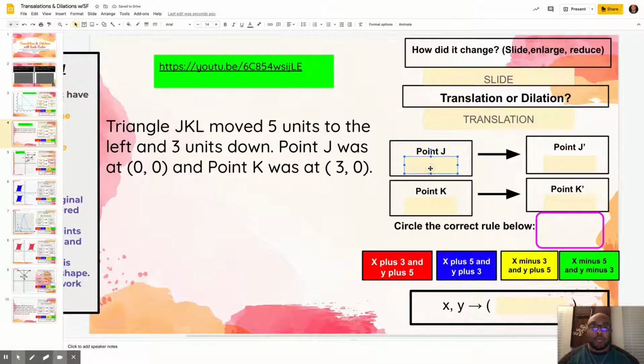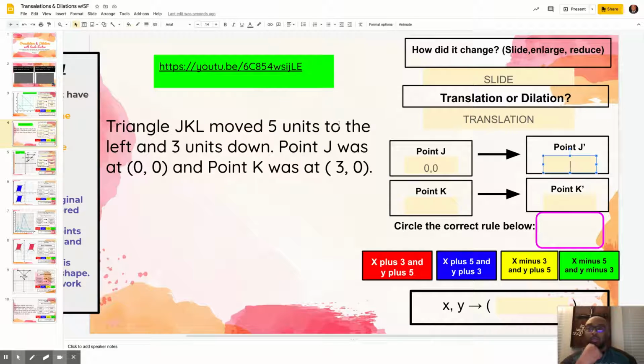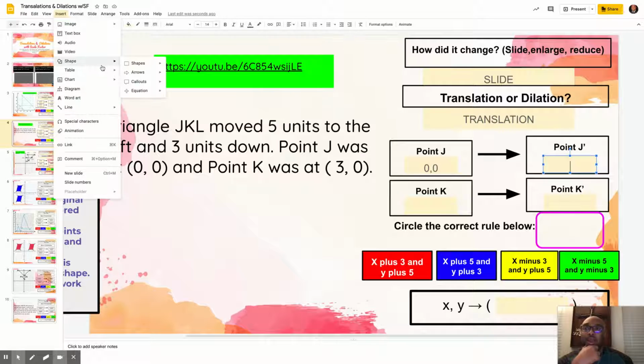Beautiful. Now point J, it gives us, is at 0, 0. Point J prime would be at what? Well, you have to figure that out. It moved 5 units to the left and 3 units down. Well, 5 units to the left, that would be on the negatives of our axes.